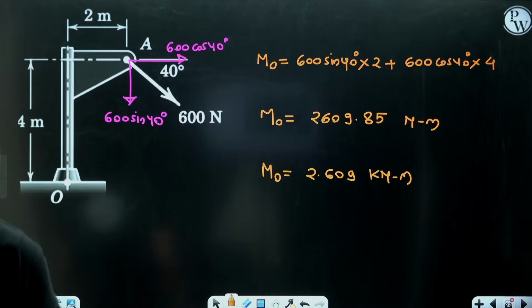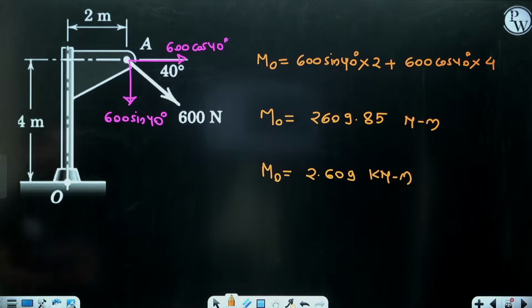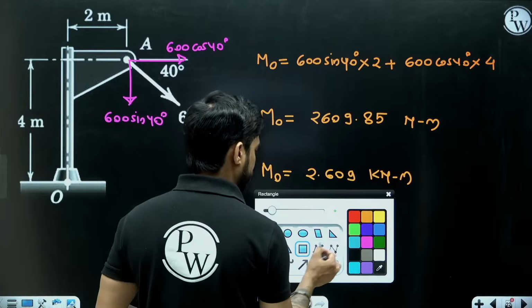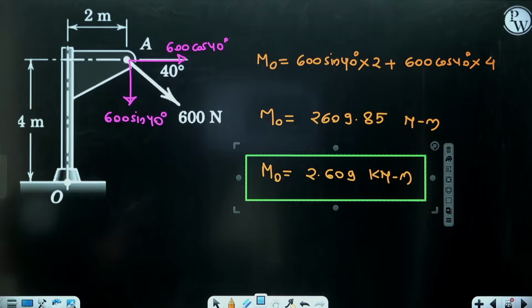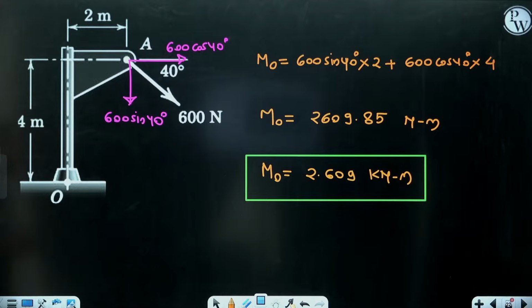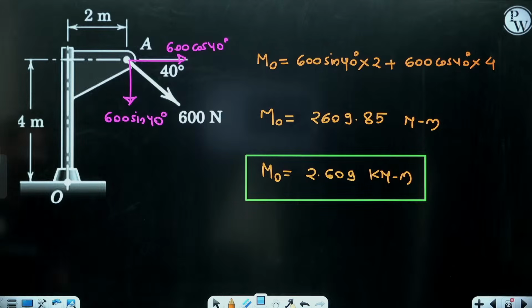Okay. So 2.609 kilonewton meter. Are you getting this much? 2.609 kilonewton meter. Yes.